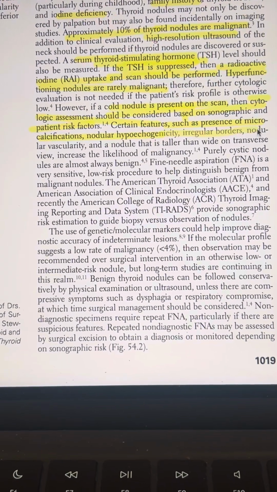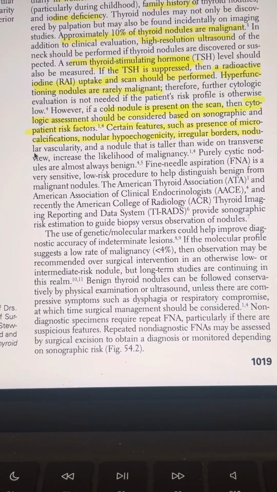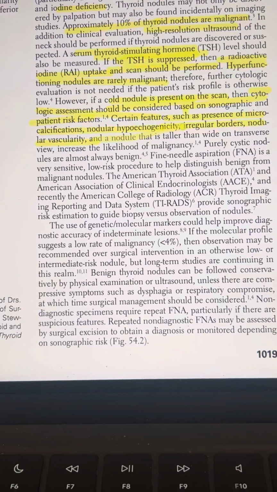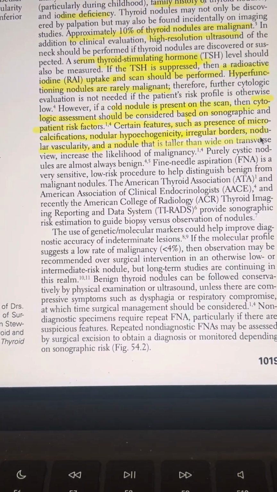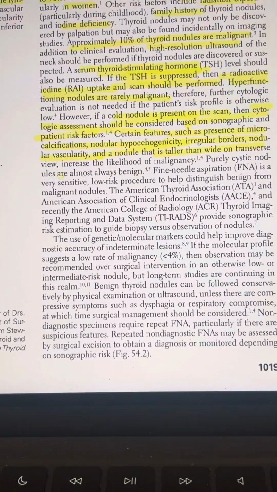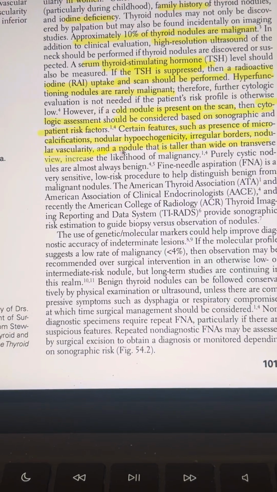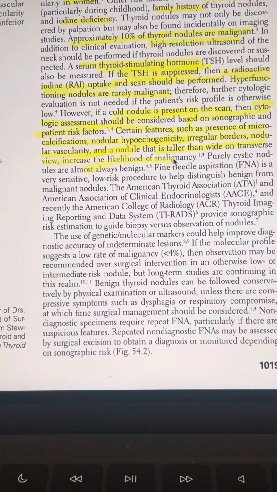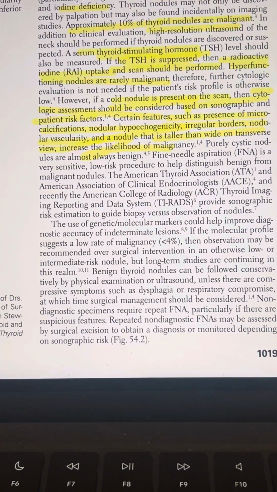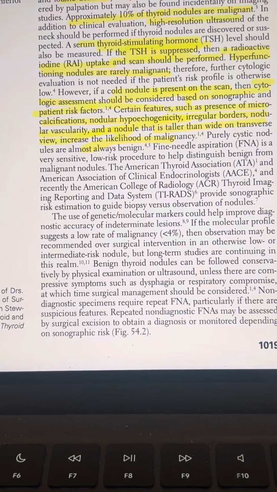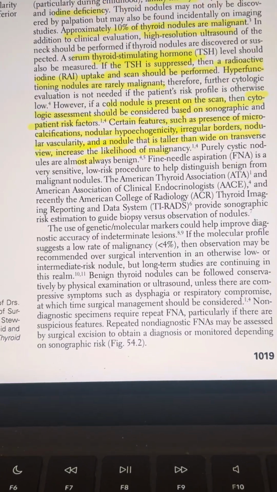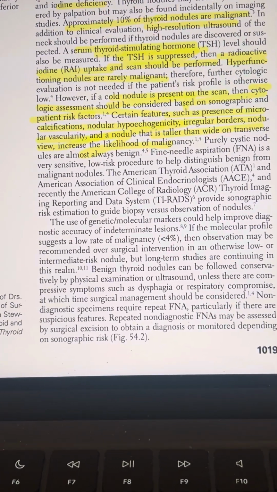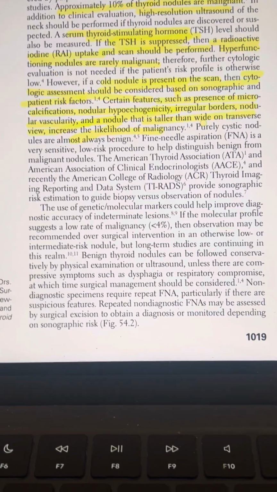Sonographic features like presence of microcalcification, nodular hypoechogenicity, irregular borders, increased vascularity, and a nodule that is taller than wider on transverse view are likely because of malignancy.